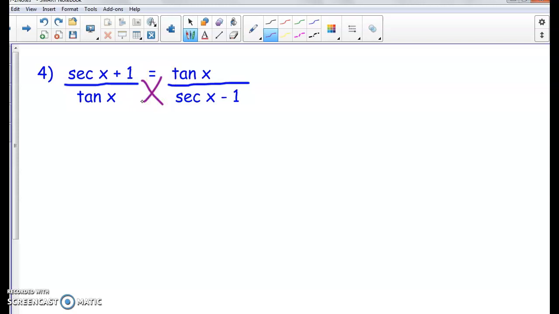And the reason I'm thinking that might be the best bet here is, if I look at the top right here, and I probably should have done this first, there is no identity on this reference sheet that stands for secant x plus 1. Likewise, there's nothing on the reference sheet that stands for secant x minus 1. Okay, tangent, the only thing I could do there is change it to sine and cosine, like sine over cosine.